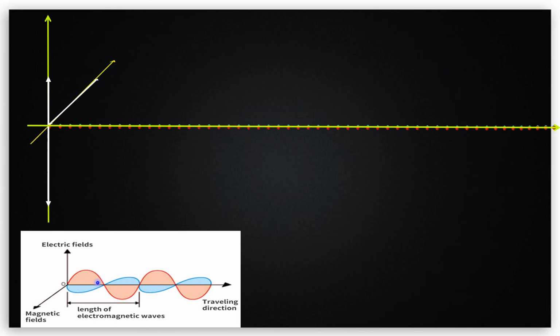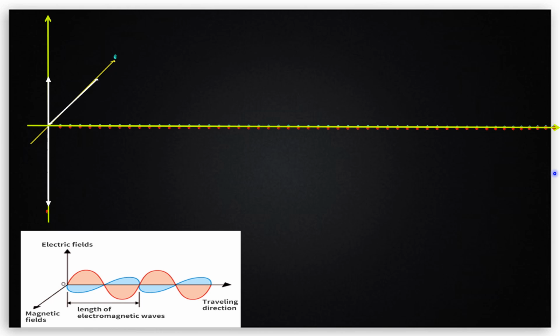This one is the electric field, and this blue color one is the magnetic field. And these two fields vibrate perpendicularly to one another when this wave propagates in a traveling direction. That means this wave is moving like this. These two fields are oscillating perpendicularly to one another.